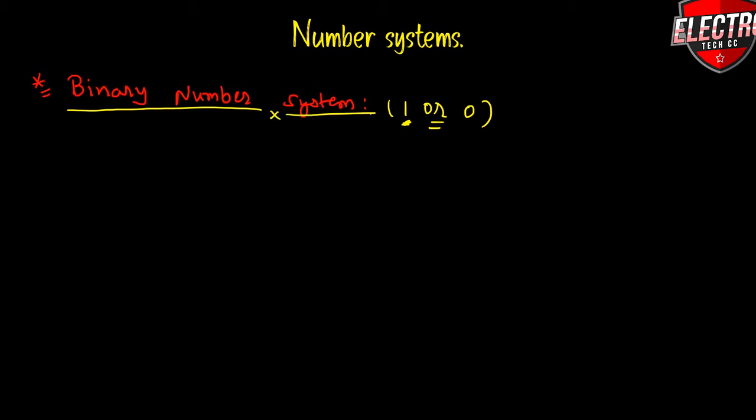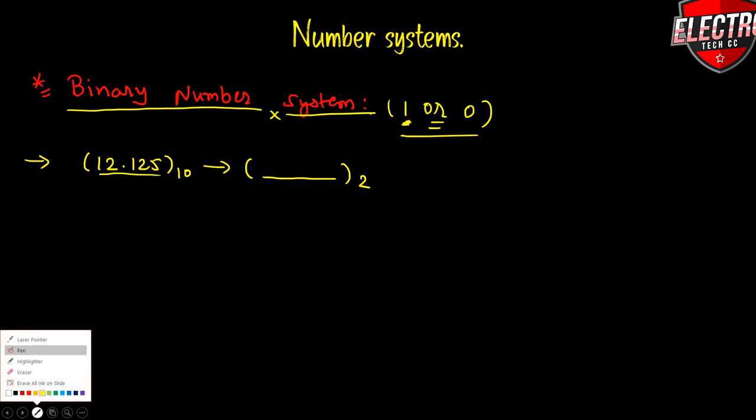In the binary number system, if we have a number, for example 12.125 in the decimal number system, and we want to convert this number into the binary number system, that means we can use only 0 or 1 to represent the given number. The first step is to divide the given number into two parts.